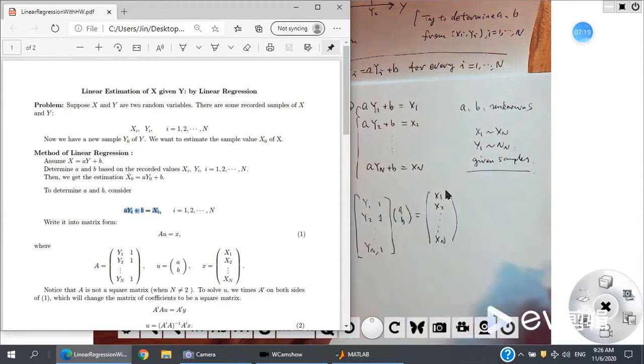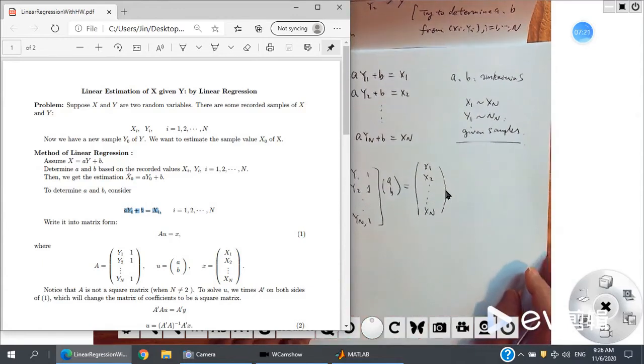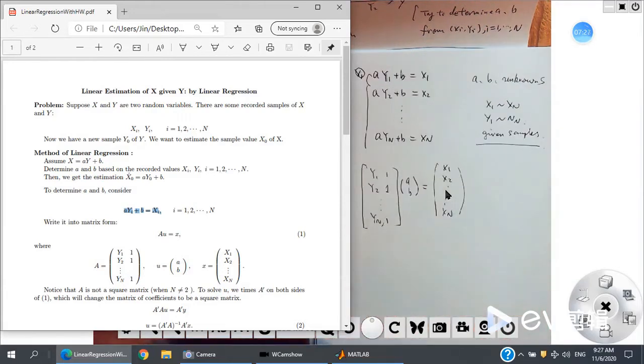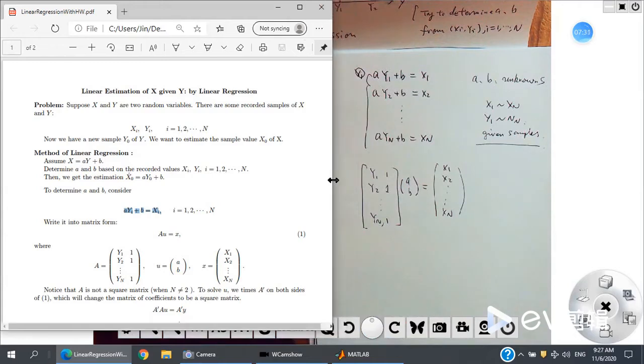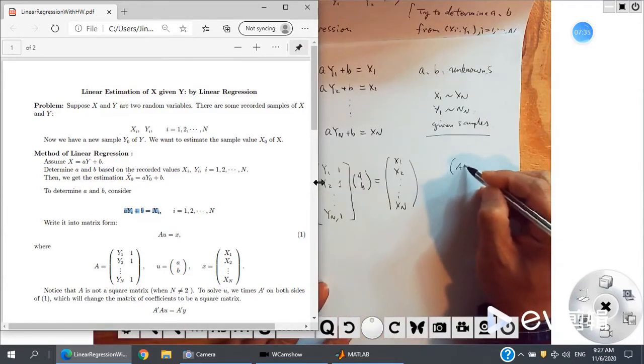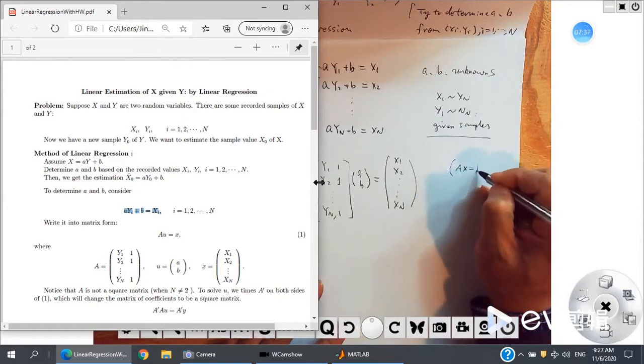So we have the equation in matrix form, looks like this. Then we try to solve it. You just use the inverse matrix, right? Ax equals b, then x equals A inverse b.